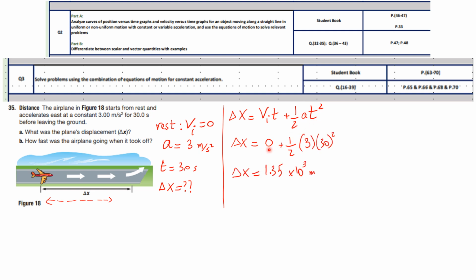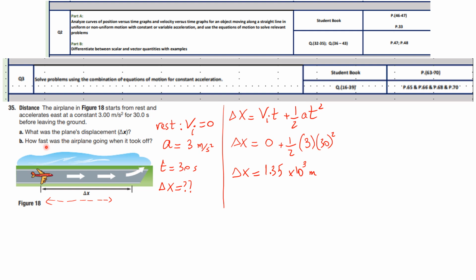As I told you, the initial velocity is equal to 0, plus half a, which is 3, multiplied by the time, 30, squared. So delta x equals 1.35 times 10 to the power of 3 meters. So this is the distance the airplane will travel before taking off.